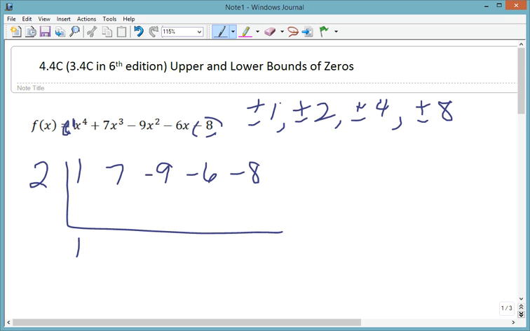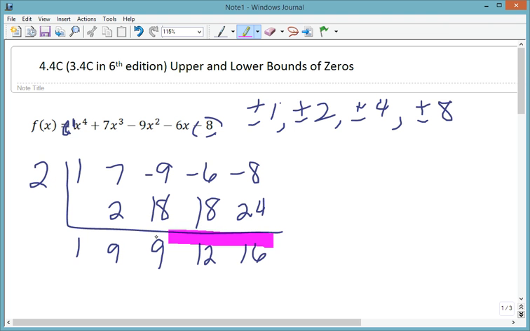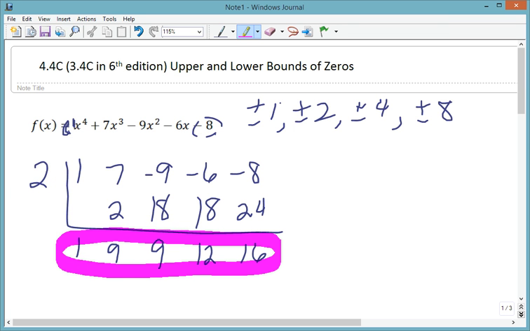We do the synthetic division, bring down the 1, multiply, add, multiply, add, multiply, add, multiply, and then add. You notice that all of these are positive, okay? Or at least they're non-negative.